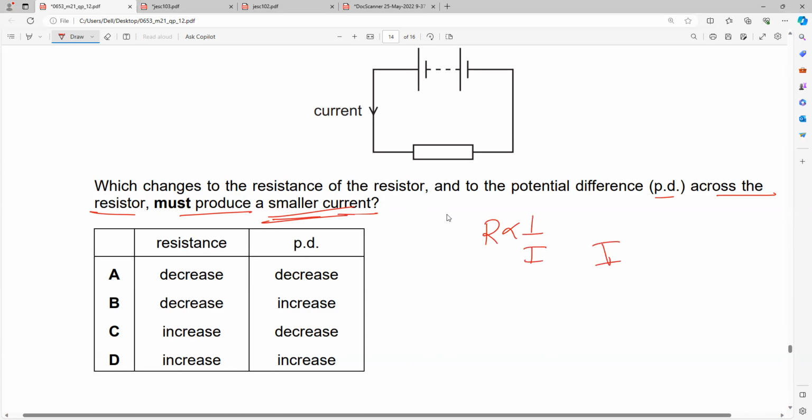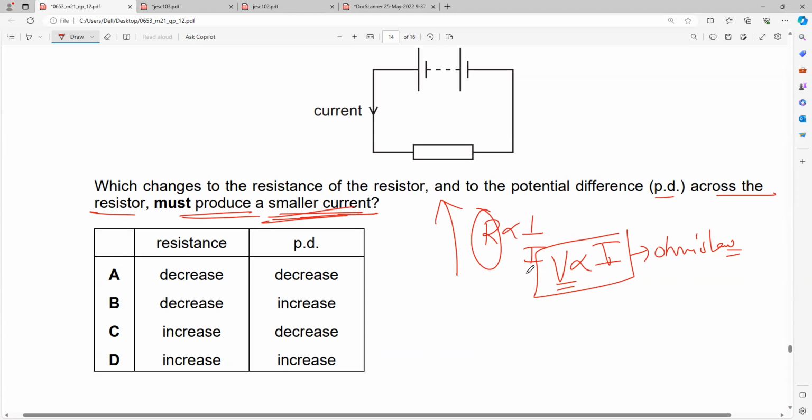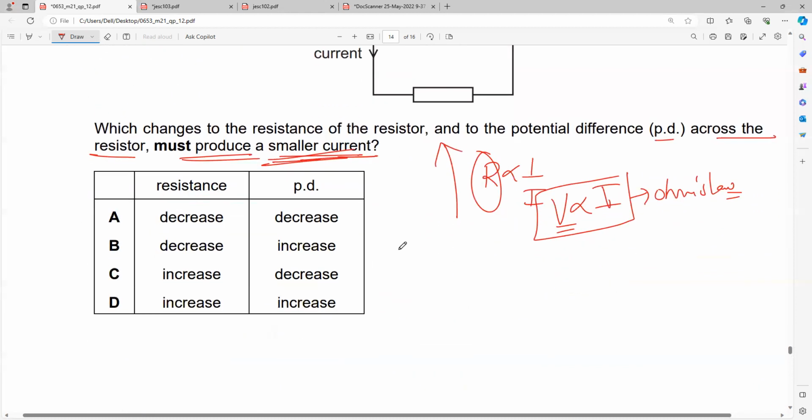Voltage is directly proportional to I. This is only Ohm's law. Now they are asking, we have to produce a smaller current. Means what will happen? It must be a larger resistance and voltage also what? Voltage also what, guys? More. Am I right or wrong? Please respond, everybody.